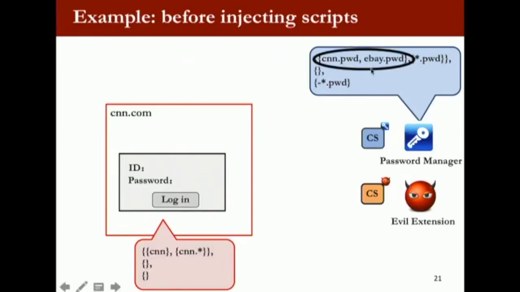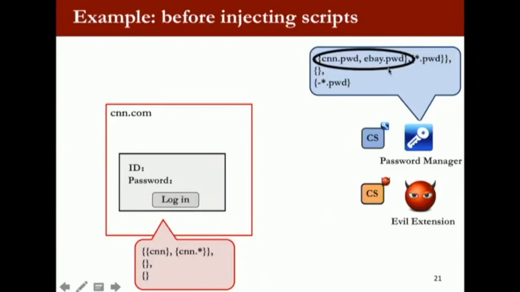We have two tags in this label. This is saying that this password extension has already seen the password from CNN and also the password from eBay. If you had gone to CNN, put in the password, the extension stored it, and then you went to eBay, the password extension stored that password.